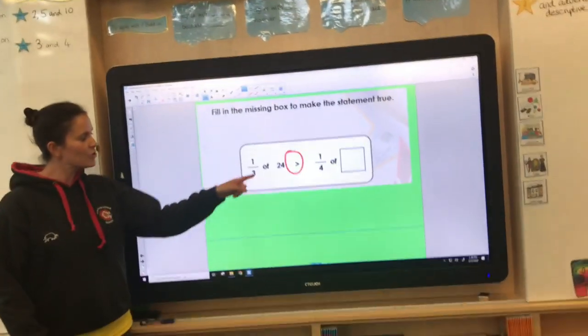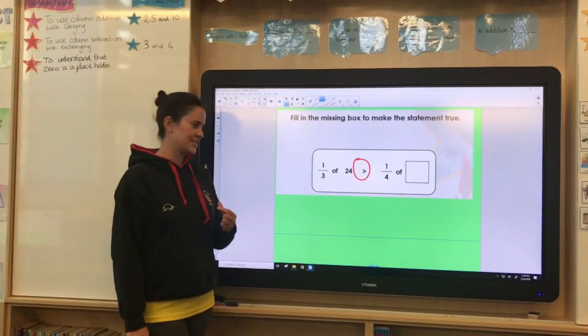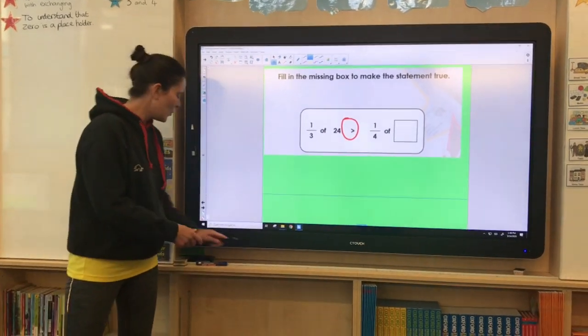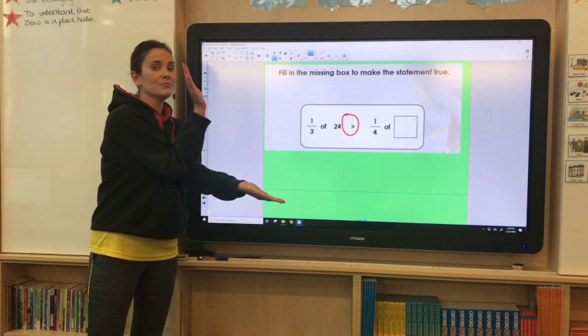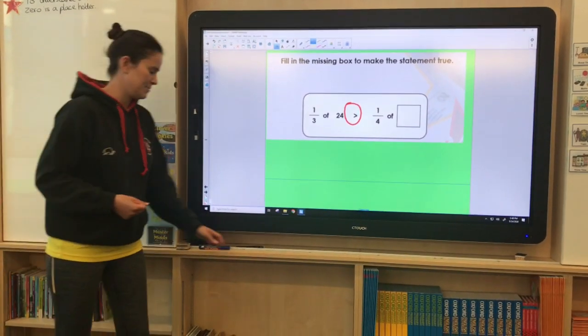Okay? We have looked at these symbols a lot this year, greater than and less than, and we did use Charlie Croc to help us remember. When you have the jaws of the crocodile open, they open up towards the greater number, the bigger number.